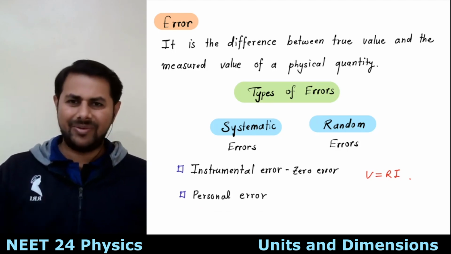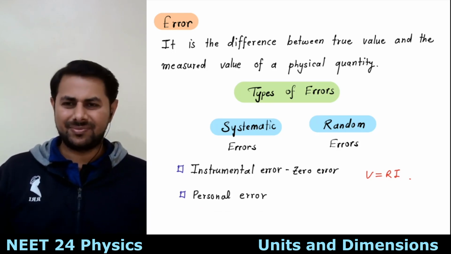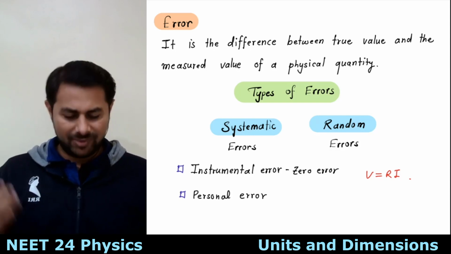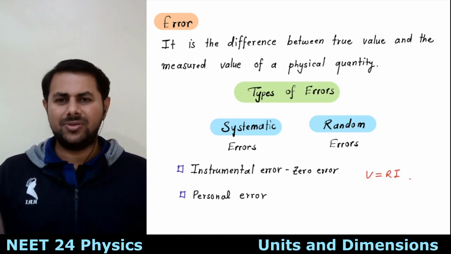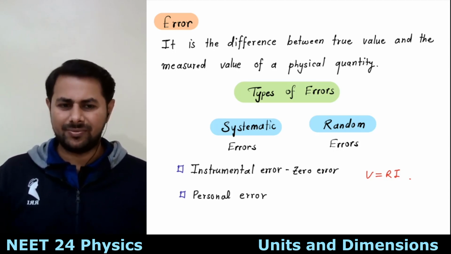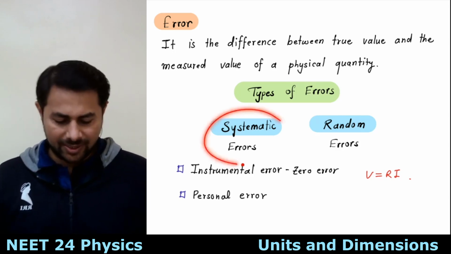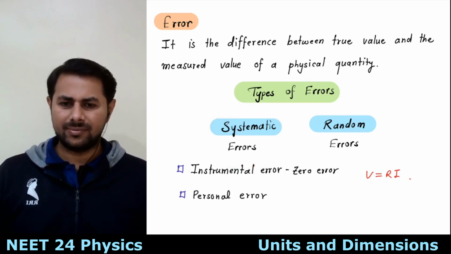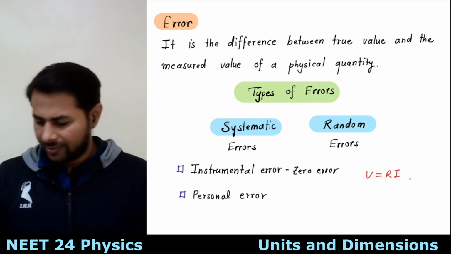So for them it can be corrected, and for them the error will happen each time. If it is positive, each time it will be positive. If it is negative, each time it will be negative. This is clear? Yes, no? That's why it is systematic error. This is clear? Okay, everyone?